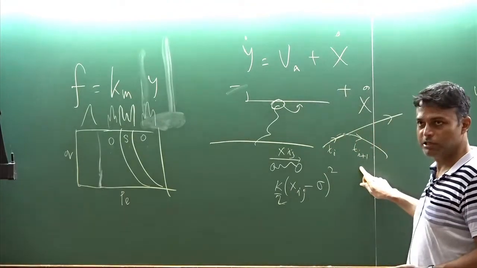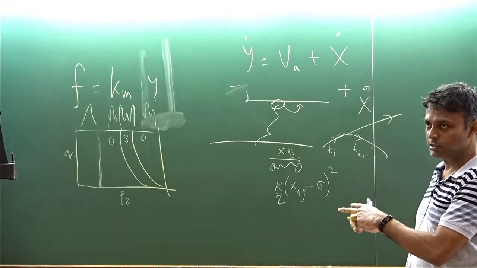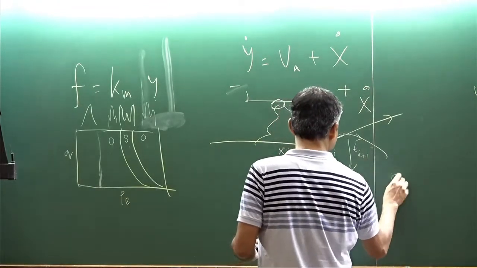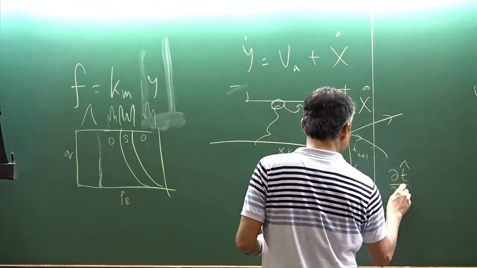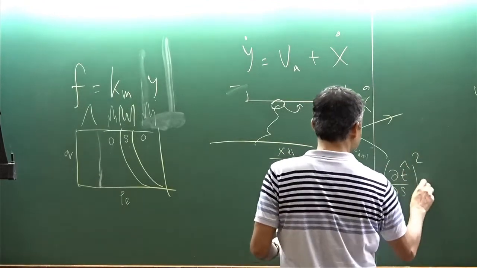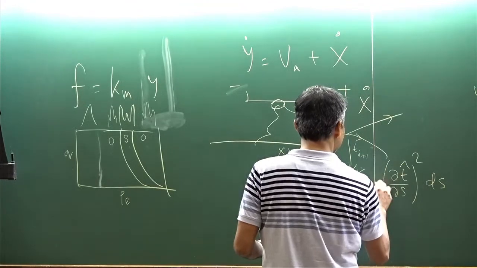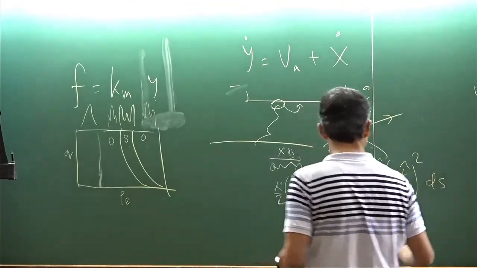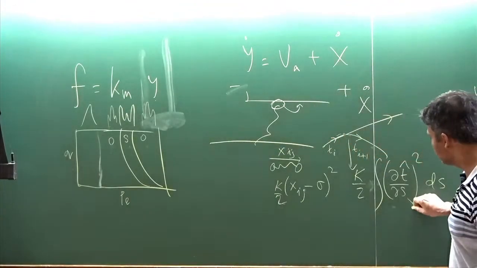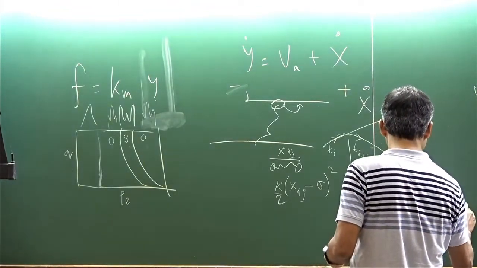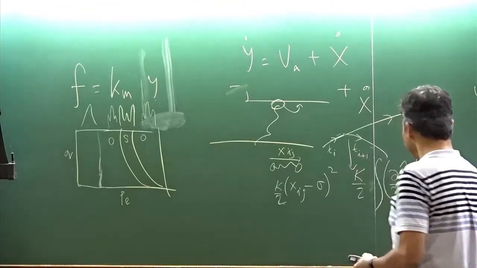If these two are parallel to each other, then there should not be any bending energy cost. So the continuum version of this Hamiltonian looks like this, which is discretized as something like Ti plus 1 minus Ti whole square.